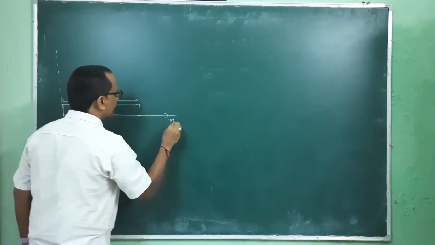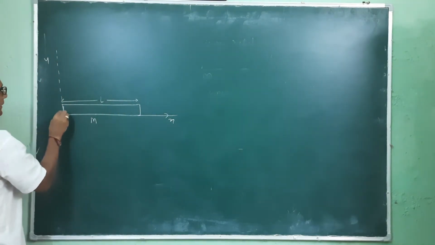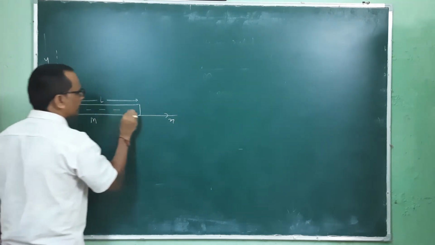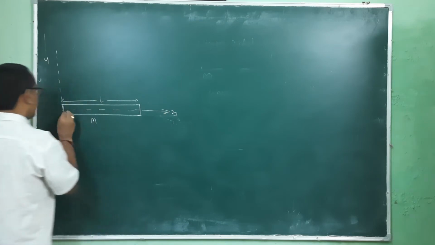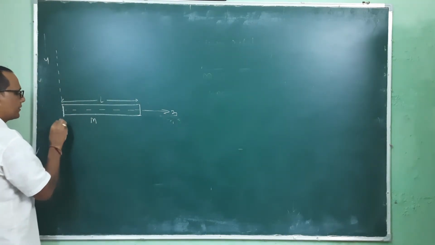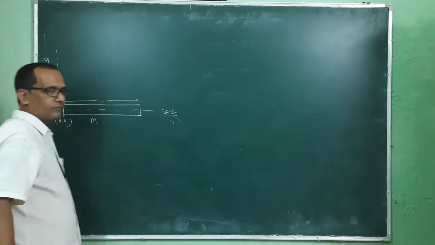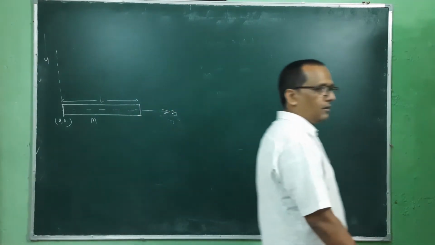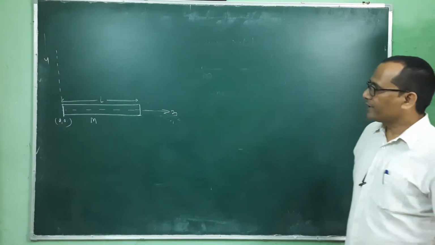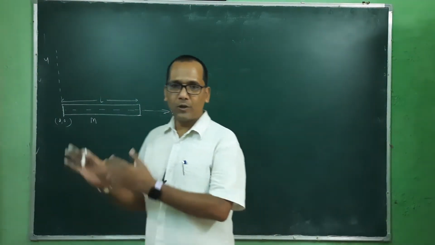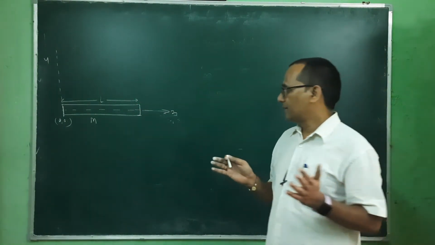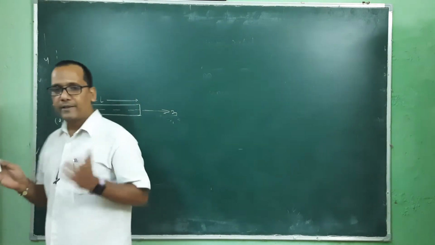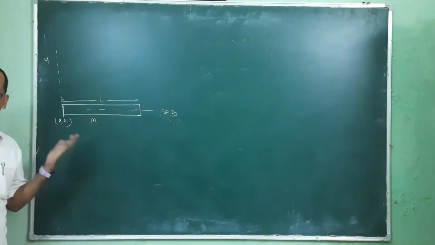If this is x and this is y, and this position is 0, 0. So by using the method of integration, because this body is uniform, density is identical, so by using the integration method we will calculate the center of mass.